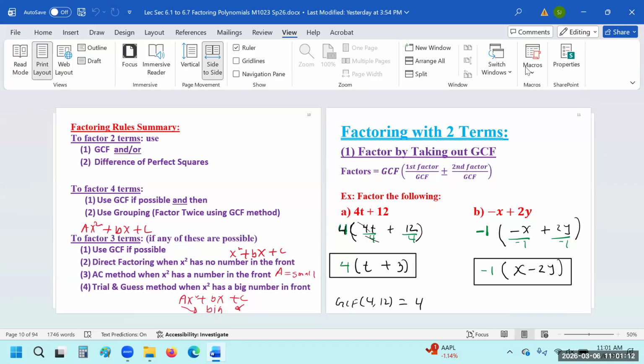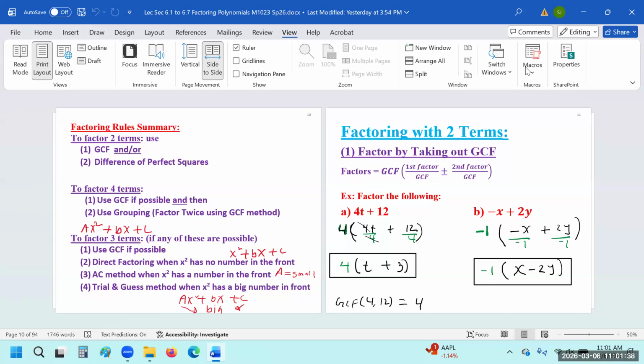When we talked about 2 terms, we said there are only 2 choices. Either we pull out a GCF as a common factor, which is the greatest common factor, or we have a difference of perfect squares. If you pull out a GCF, what remains in the polynomial is what you get when you divide each term by the GCF.